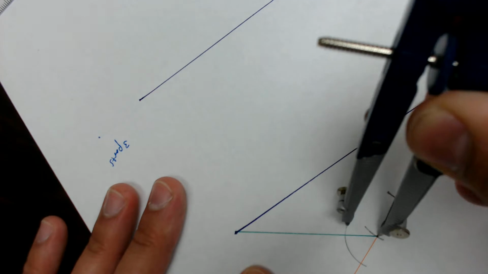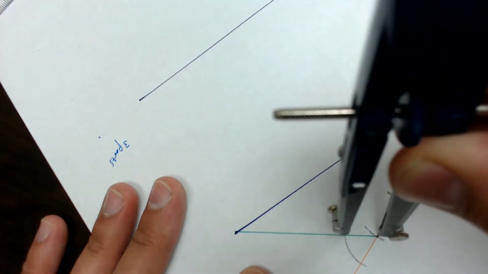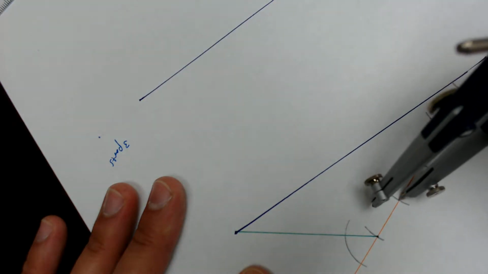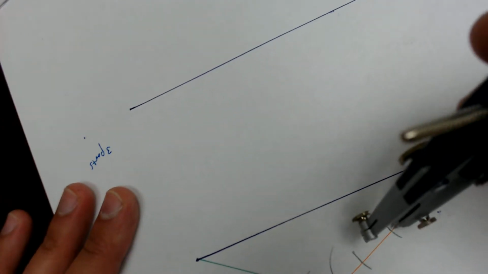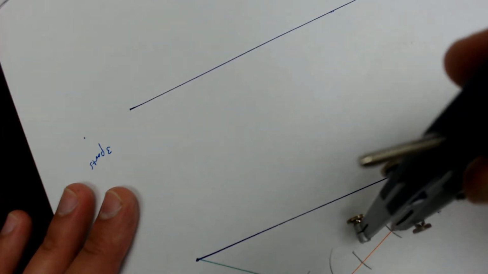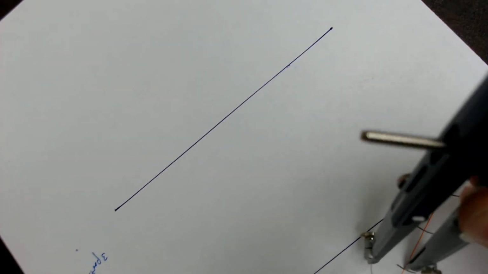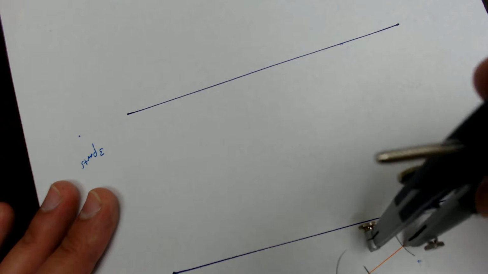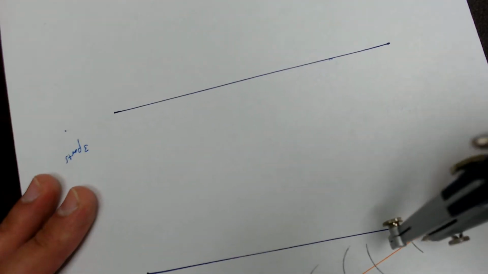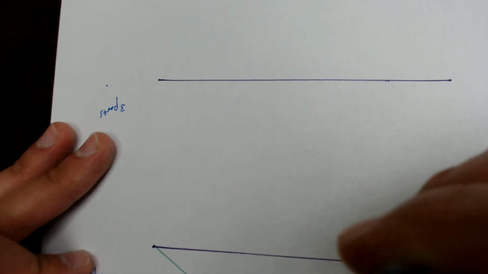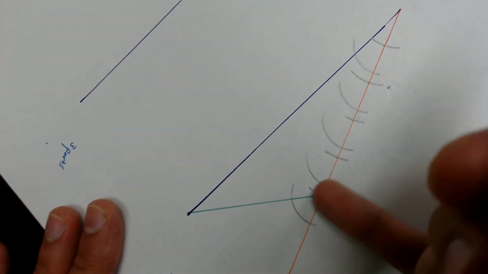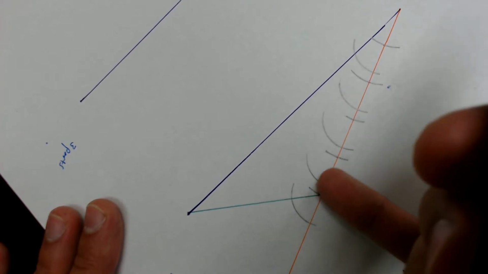So there's this first marking, keeping it the same distance. I go to the next one, and I do it again. Then the next one, and I do it again. And the next one, and I do it again, and the last one, do it one more time. All right, so for the angle reconstruction, I've taken this arc and I've reconstructed it.